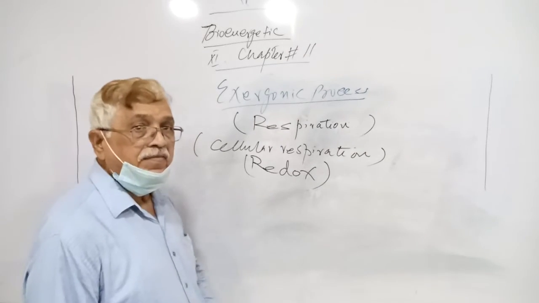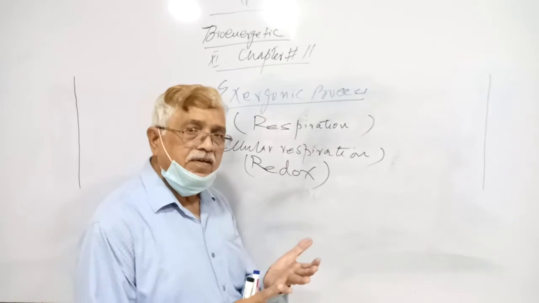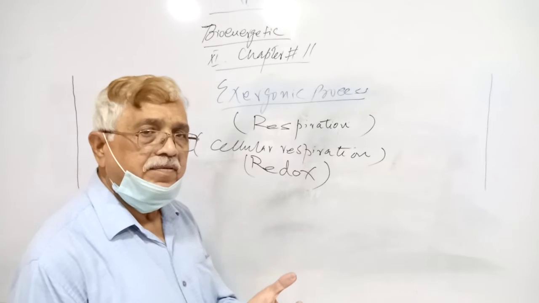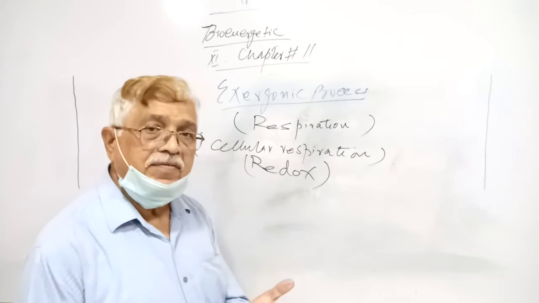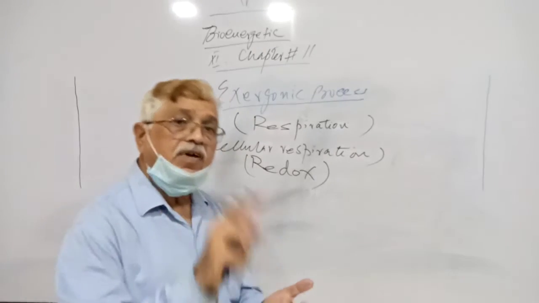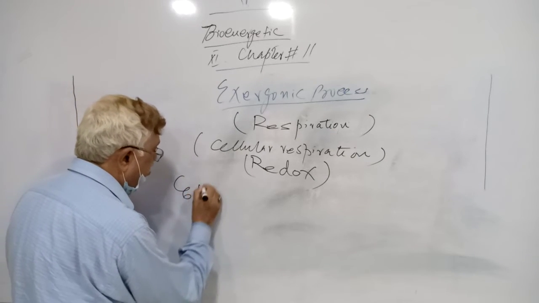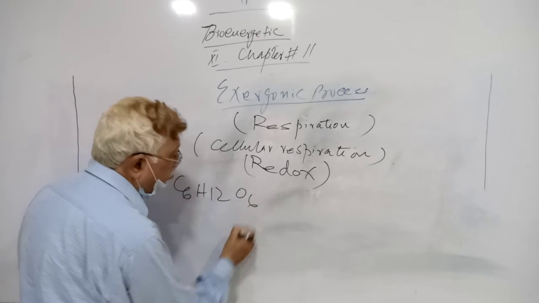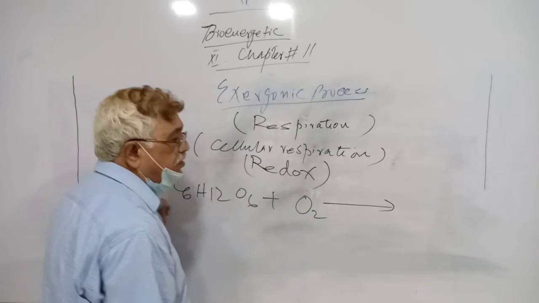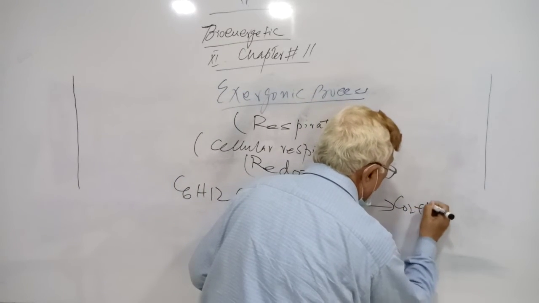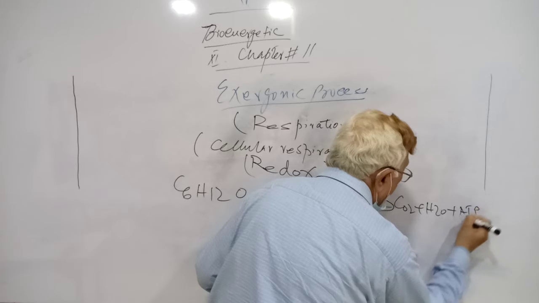Definition, once again: internal cellular organic substances oxidize and convert into carbon dioxide and water with release of energy. How can you write it? That is glucose in the presence of oxygen, which converts into carbon dioxide, water, plus energy in the form of ATP.